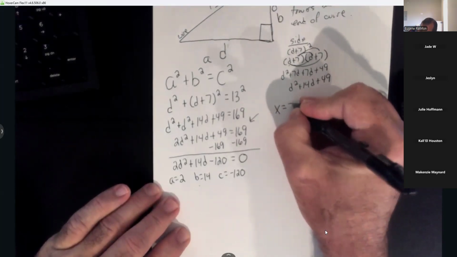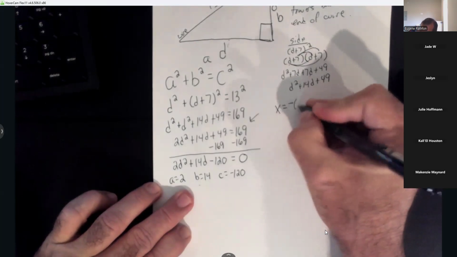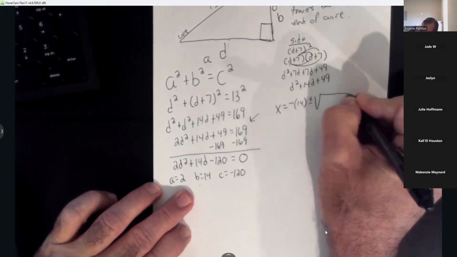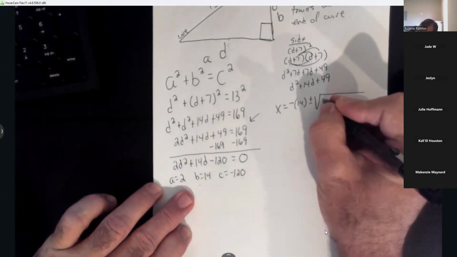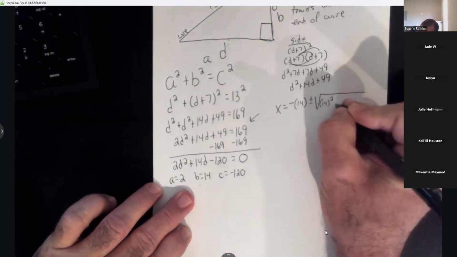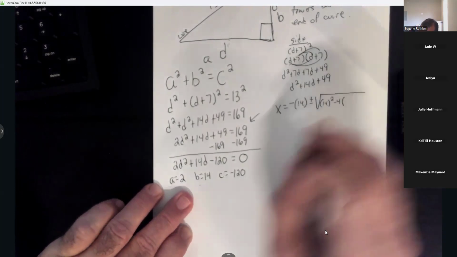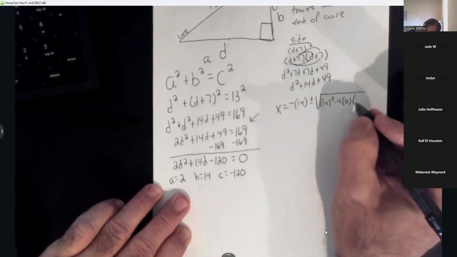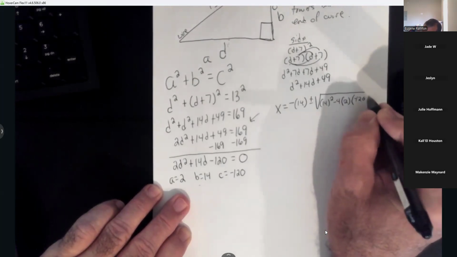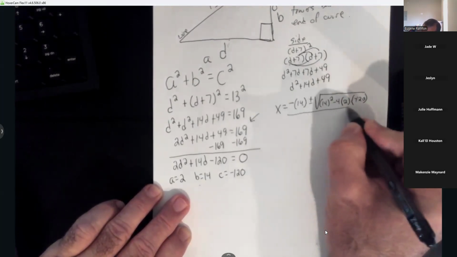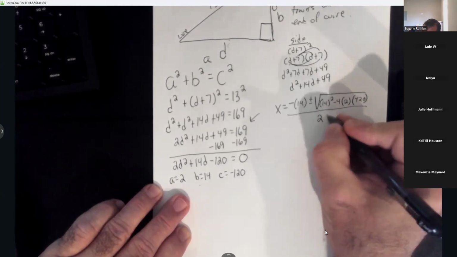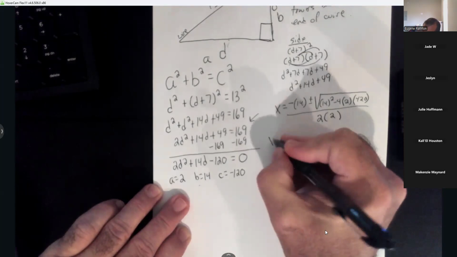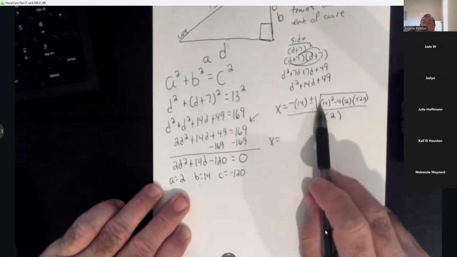X equals negative B, which is 14, plus or minus square root. B squared will be 14 squared minus 4 times A, which is 2. C is a negative 120 all over 2 times my A, which is 2. All right, so I'm all plugged in.